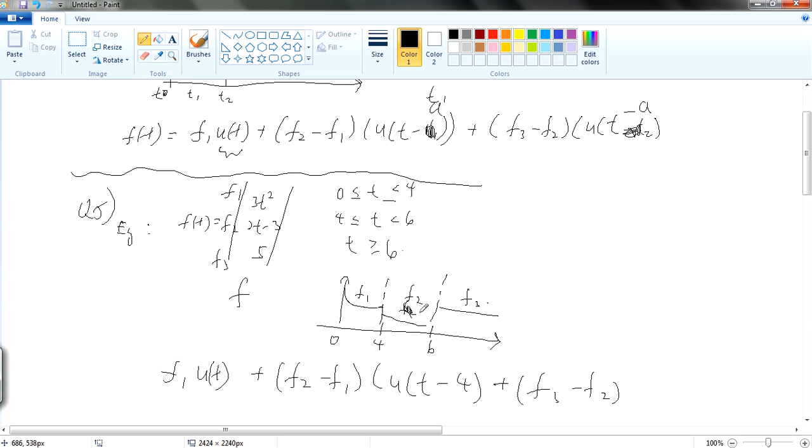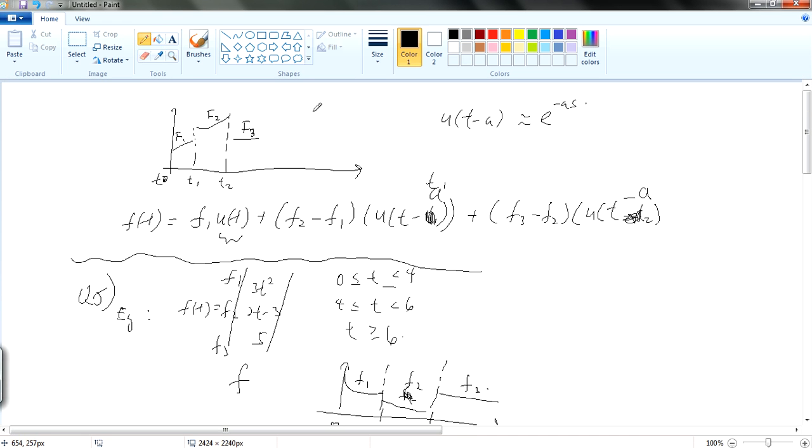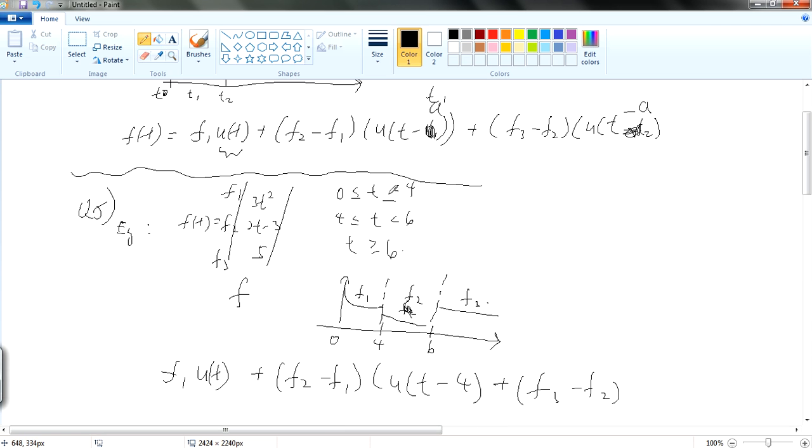You may ask why f3, this whole thing is f3, right? If I give the example f2 minus f1, you get this portion, so why not f3 minus f2 minus f1 to get this portion?